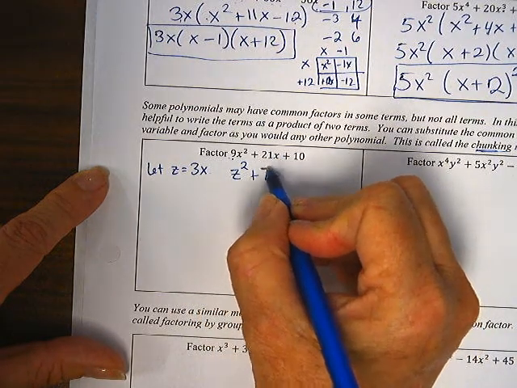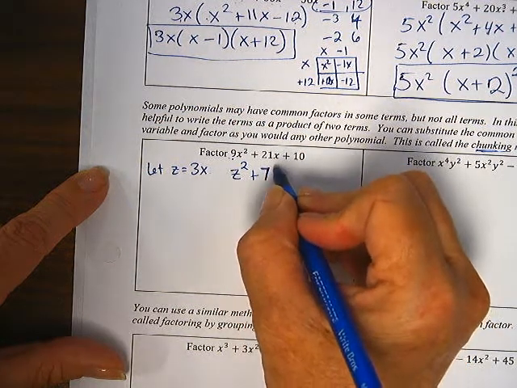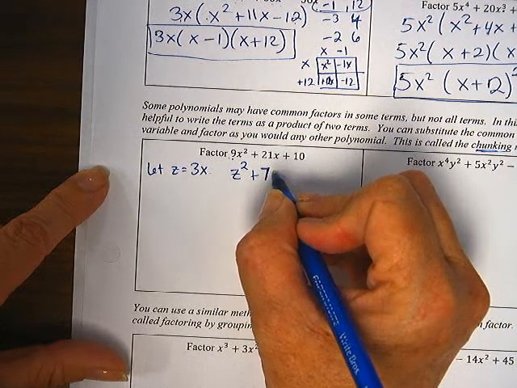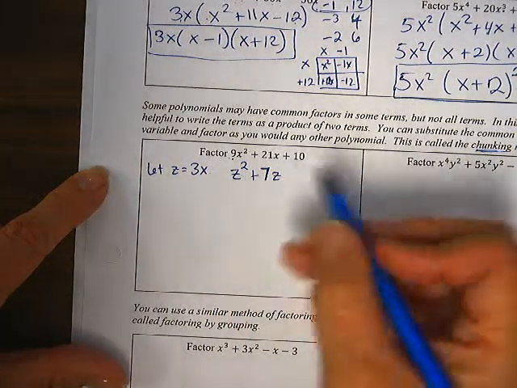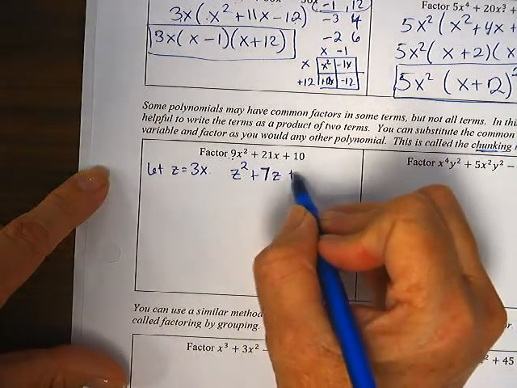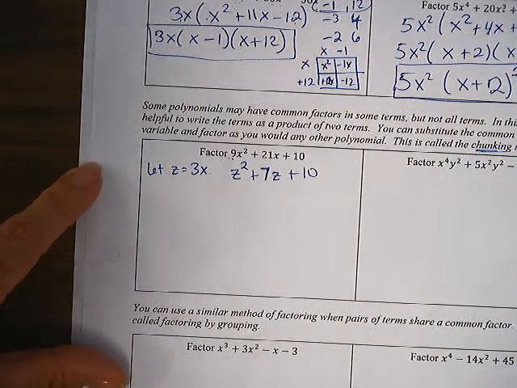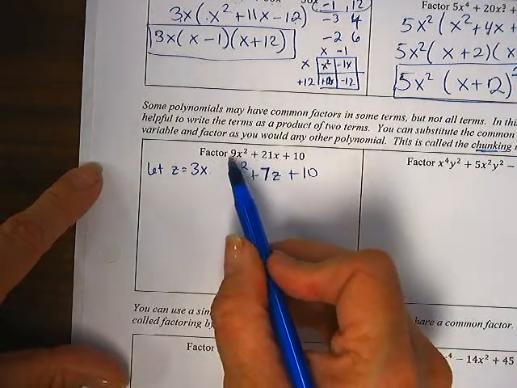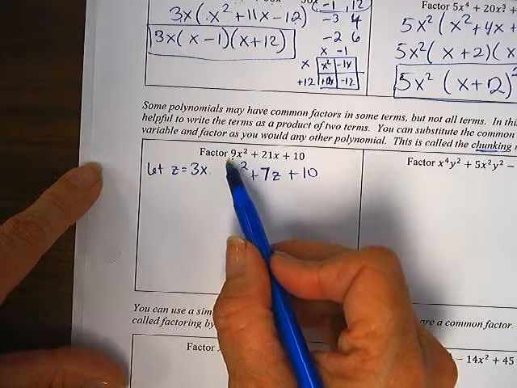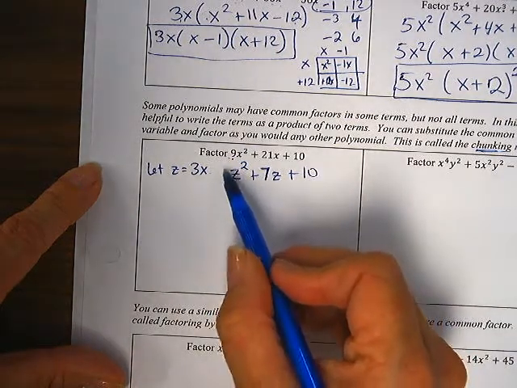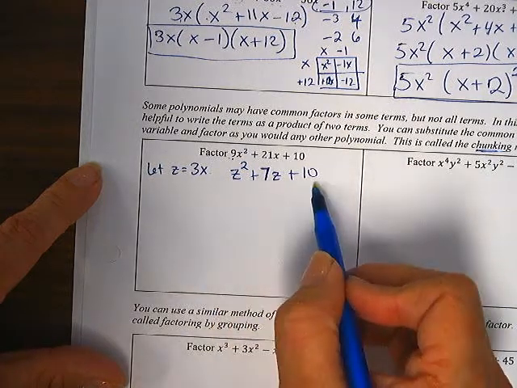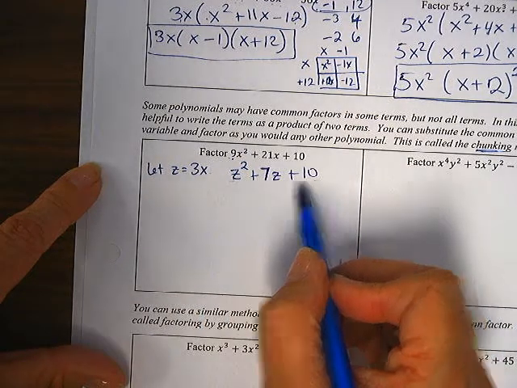So I'm going to call that 7z. And we still will leave that as 10. So now instead of having this 9 at the front that's kind of messy, I have just a z squared, so a coefficient with 1. And we want to see, can we factor this easily?